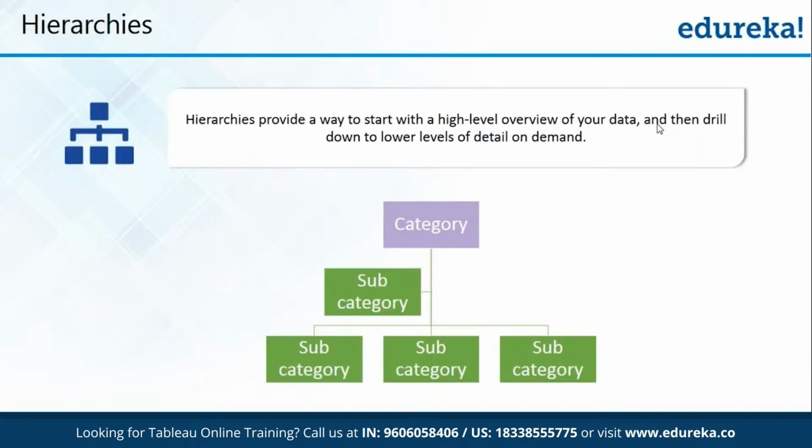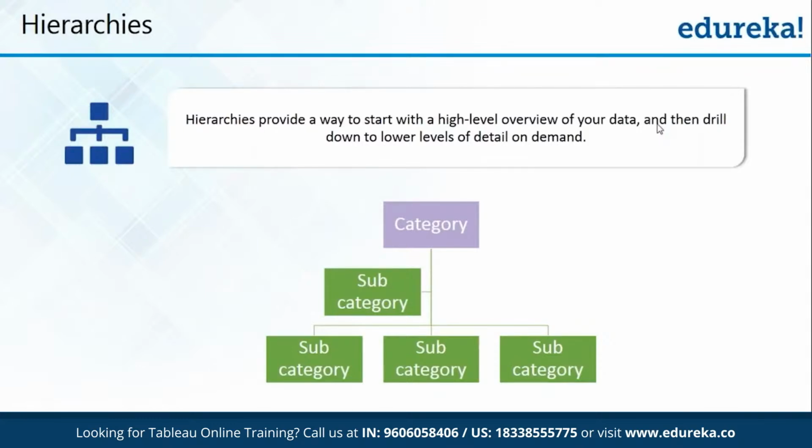So you also have to be able to drill down to the granularity of your detail too. And hierarchies can provide a way to do that. So you can start with a high-level overview of data and then drill down to lower levels of detail on demand. It means that you can represent even the granular form of data by hierarchies.